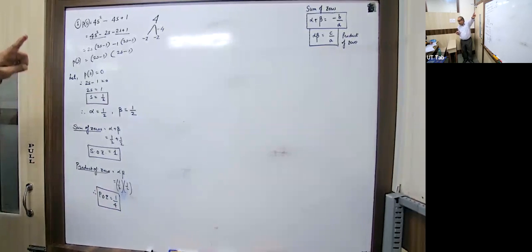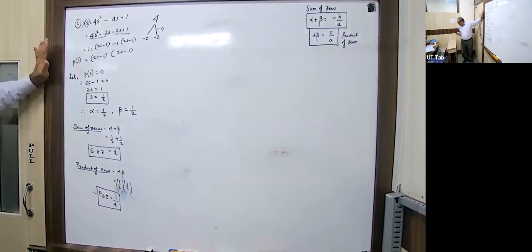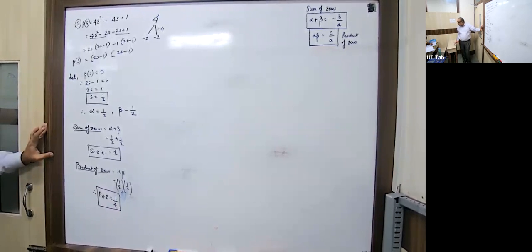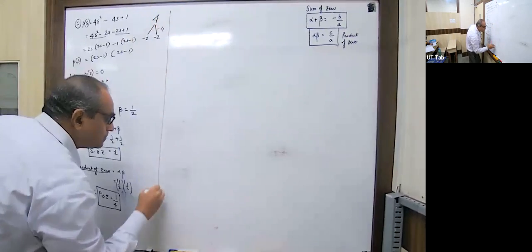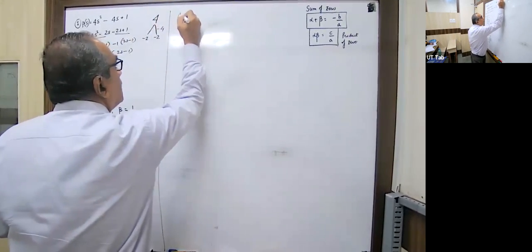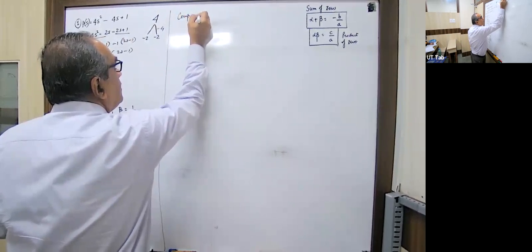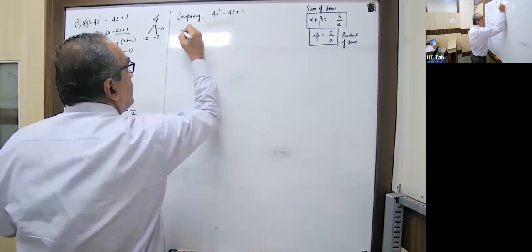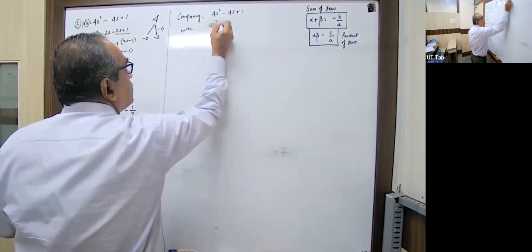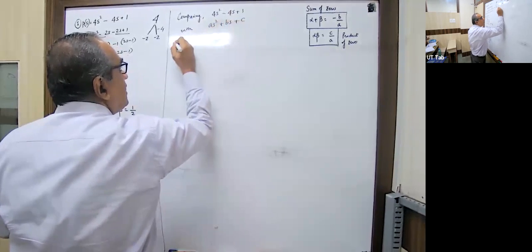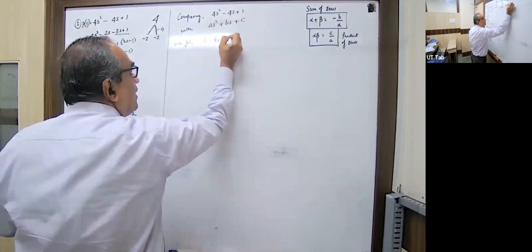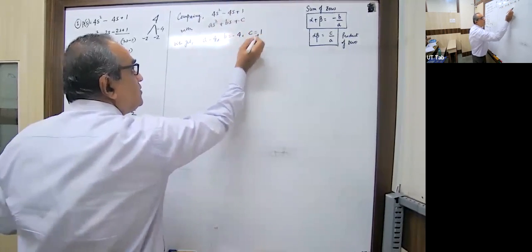Now I have to show the verification. This was by the zeros method. I got 2 zeros. Comparing 4s squared minus 4s plus 1 with as squared plus bs plus c, we get a is 4, b is minus 4, c is 1.